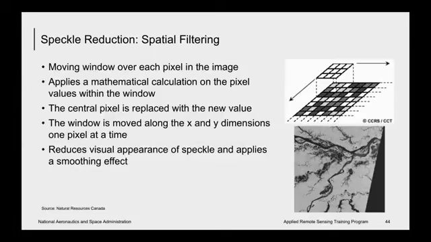The window is moved along in both the X and Y dimensions, 1 pixel at a time, until the entire image is covered. By calculating the average of a small window around each pixel or a specific mathematical calculation, a smoothing effect is achieved and the visual appearance of speckle is reduced.